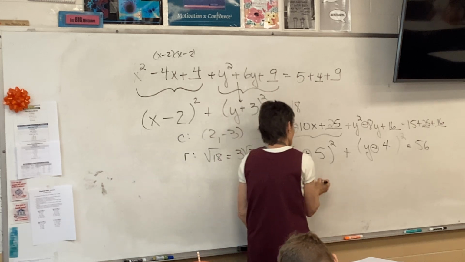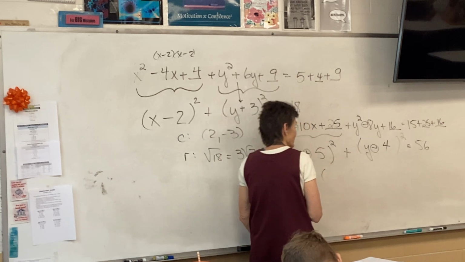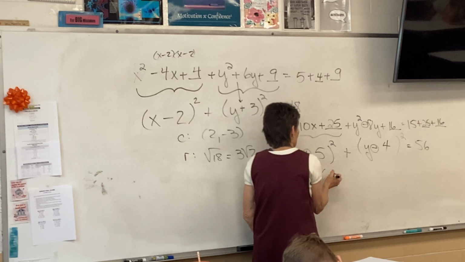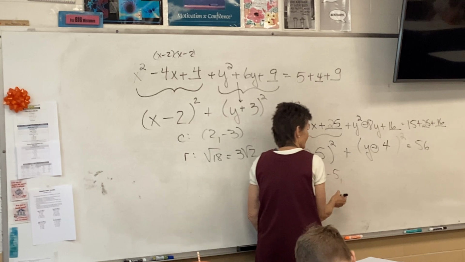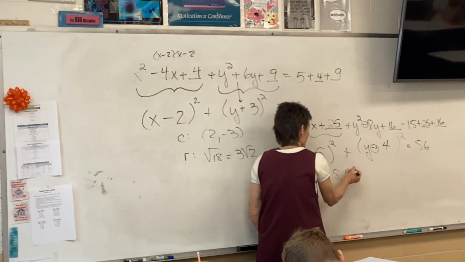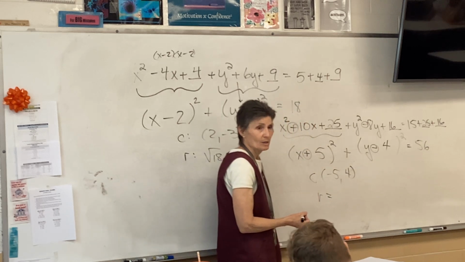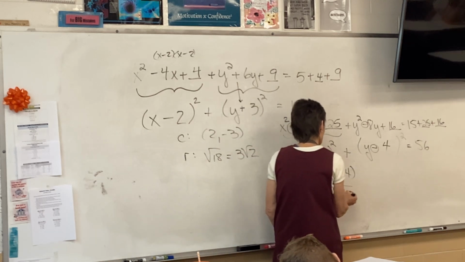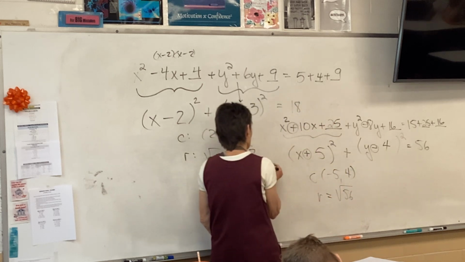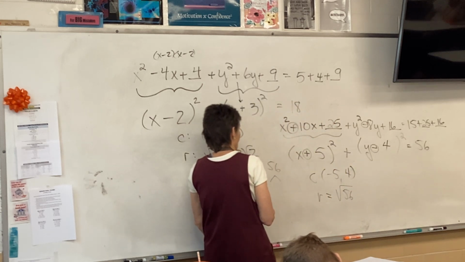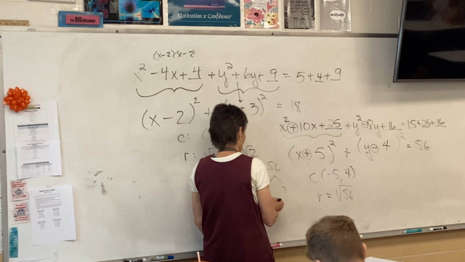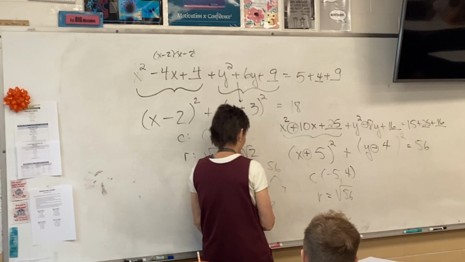So where's my center? That was your objective. Find the center. What's the center? -5, 4. And the radius is square root of 56, which I'm sure breaks down. Let's see, 8 and 7, 4 and 2.